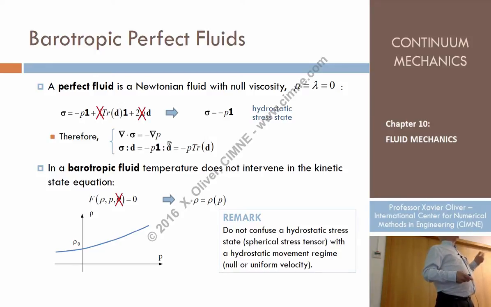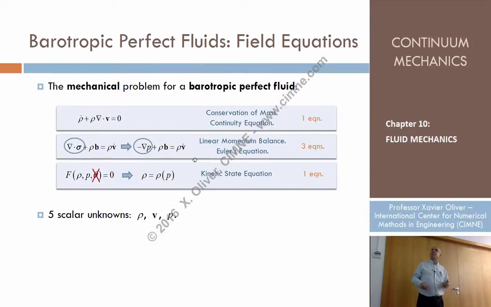But engineers come from a tradition where they didn't have numerical methods. So there is a long tradition of trying to solve the mechanical problem, 5 partial differential equations, 5 unknowns, by analytical methods.